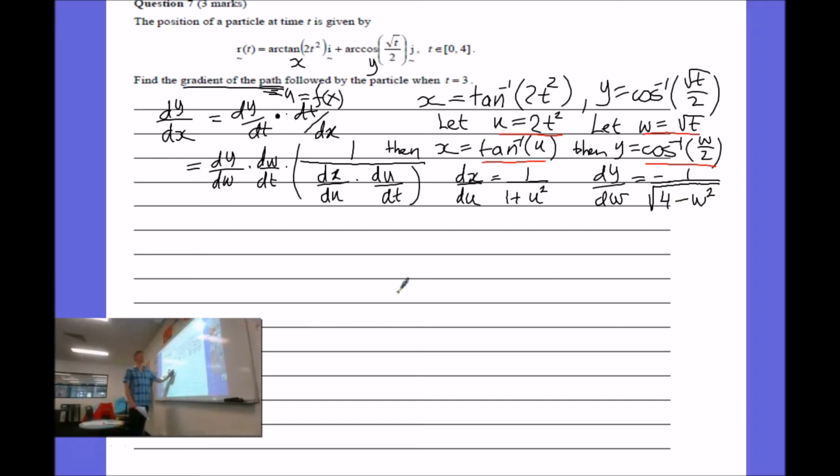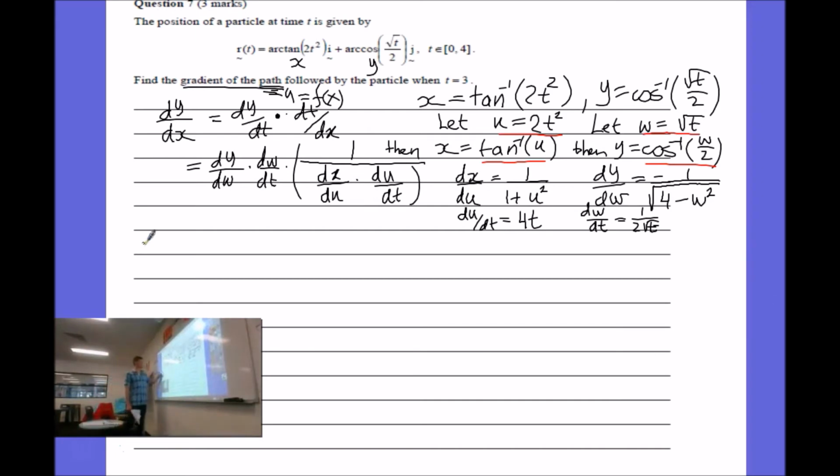Okay, very good. What about u and w? So du dt. Alright, well that's just 4t, that's an easy one. And then what about dw dt? Okay, well that goes to 1 over 2 root t. Perfect. There's our 4 derivative parts.